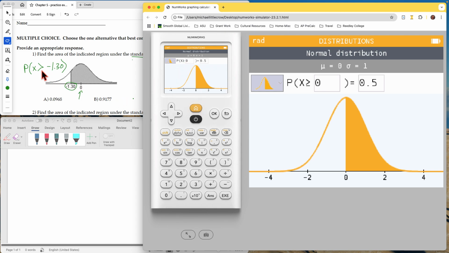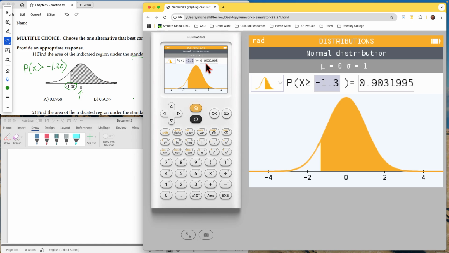Now this has an equals, but it really will give us the same thing as if it doesn't, because on a normal curve the probability of being exactly equal to one point is always 0, since a line has no width. This is the one we want, and from the visual we can see we're getting the area above. We put in negative 1.3 and hit execute, and the curve matches.